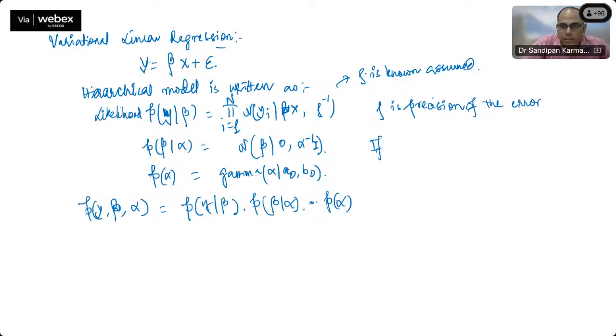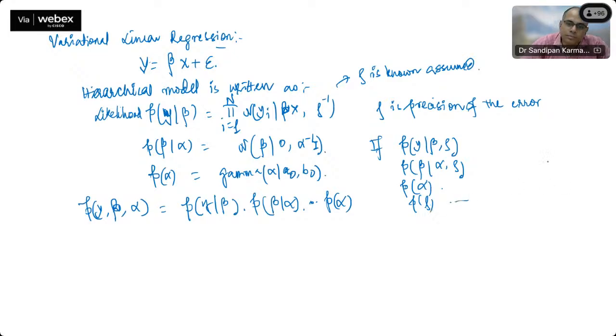Had rho been unknown, it would have been p of y given beta and rho, that will be the likelihood, then p of beta given alpha and rho, then p of alpha, and then p of rho also.